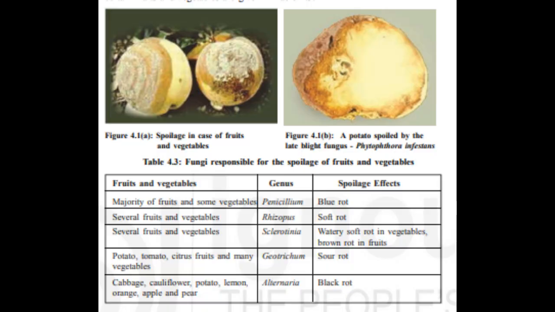Next, spoilage of fish and other seafoods is discussed. 4.4.3 Spoilage of fish and other seafoods. Fish and other marine foods are second only to meat and poultry as a staple animal food around the world. India is one of the important fish-producing countries due to its vast sea coast and several inland water sources.